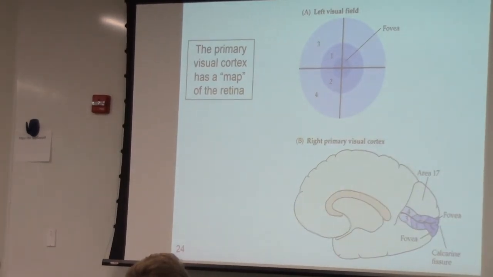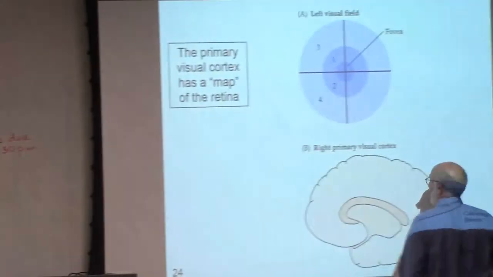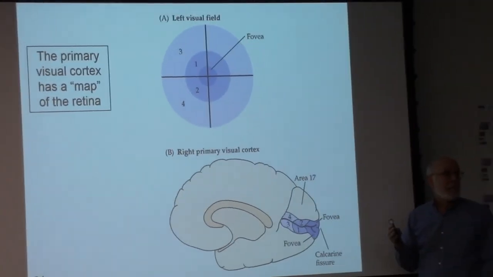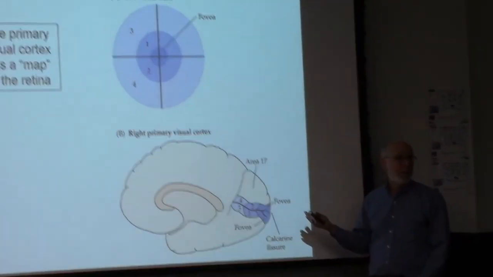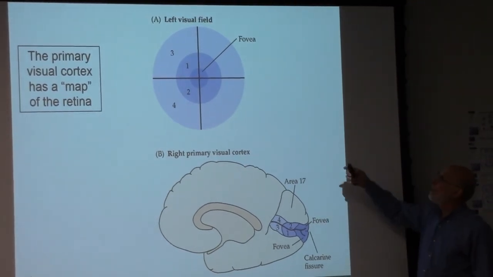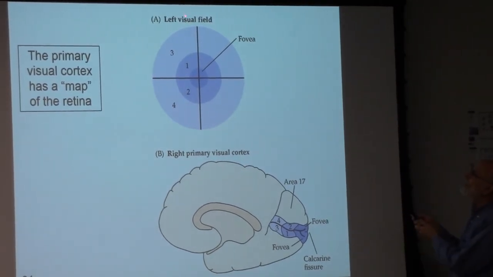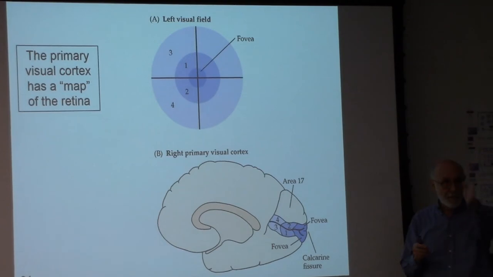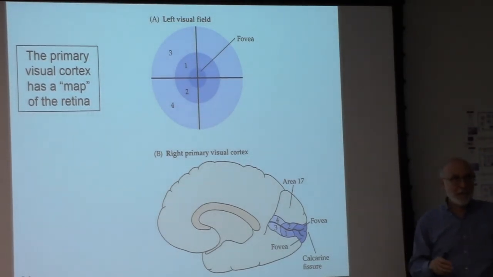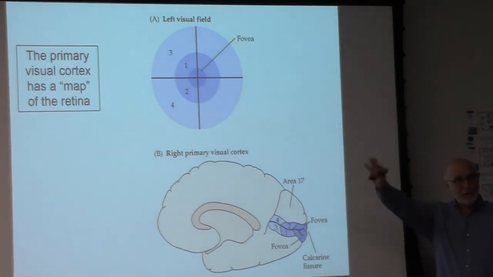Our visual field is organized in a map along the visual cortex. So here's a cartoon of the left visual field, right? I put my fovea on Adam, and I know that John is out here somewhere. So this is my left visual field, and this is my right visual field.